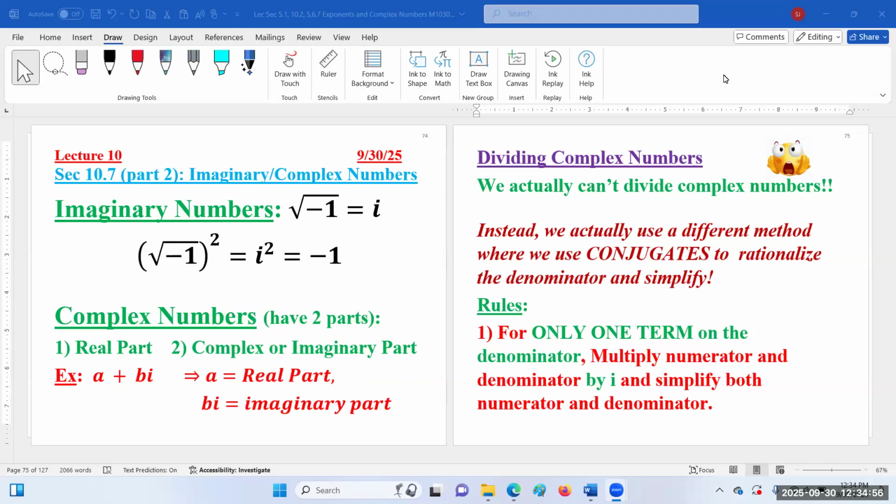So the last thing we did was about imaginary numbers. When you have the square root of any negative number, we know it doesn't exist because you cannot find any number multiplied twice that gives a negative. It's impossible. So specifically, if you have negative 1 under the square root, it becomes the imaginary number i.